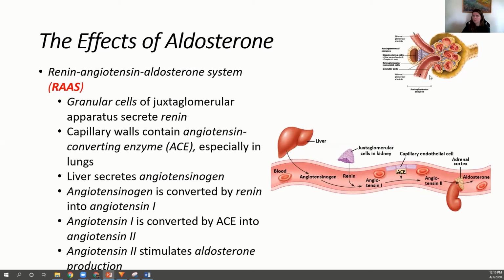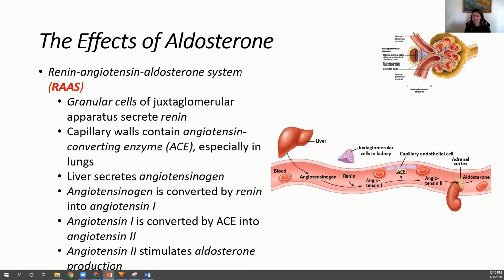So there's a point at which the nephron squiggles back, basically past its beginning. So our juxtaglomerular apparatus is that point at which the ascending limb of the nephron loop. So sometimes it's labeled as the ascending limb of the loop of Henle. Sometimes it's labeled as the distal tubule.